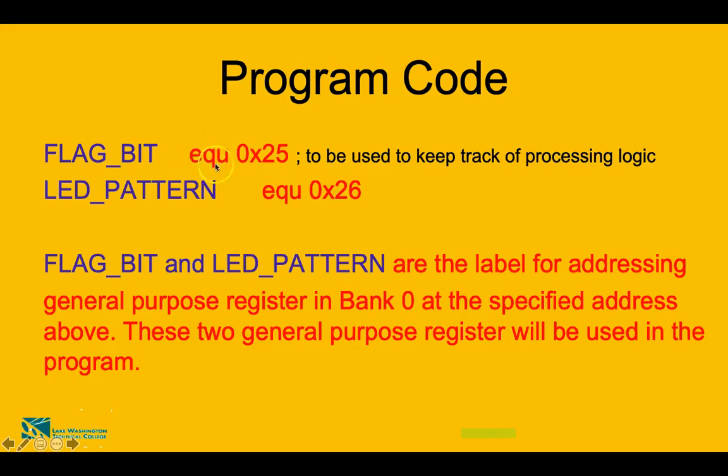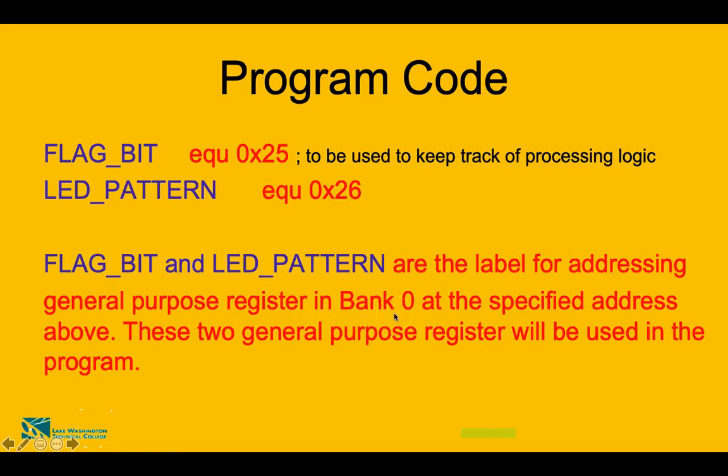So we are defining our registers, and that's why we have used this, and we have used this in the past programs also. Flag bit and LED pattern are the labels for addressing general purpose registers, which lie in bank 0.